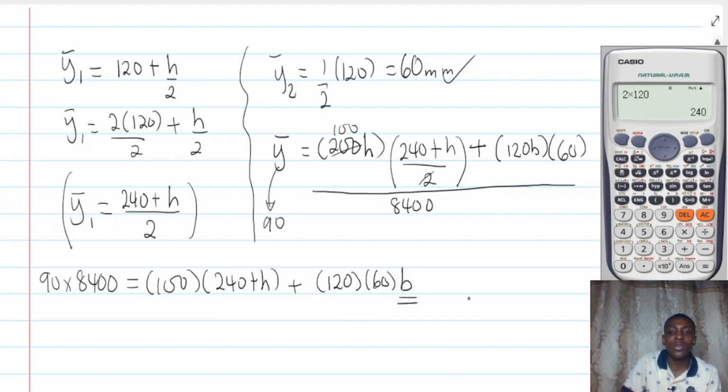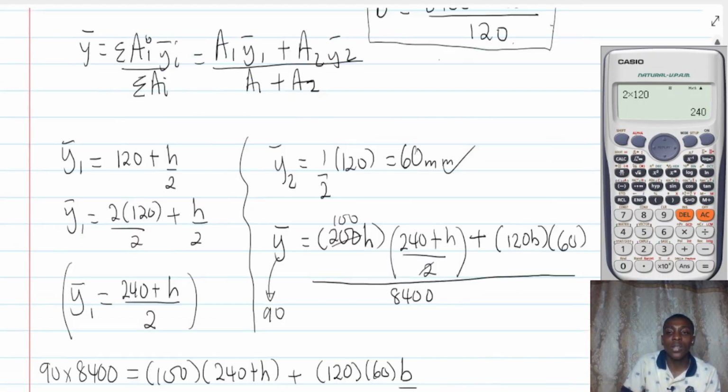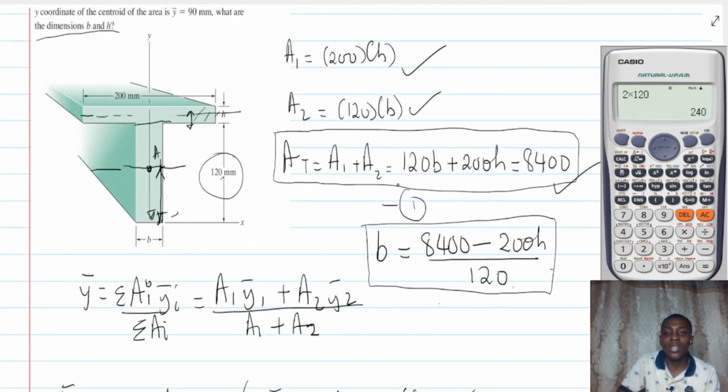So we need to substitute maybe H or B. Making B the subject of the first equation from the area, you can say that B is 8,400 minus 200H divided by 120.